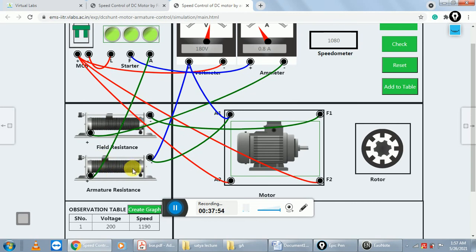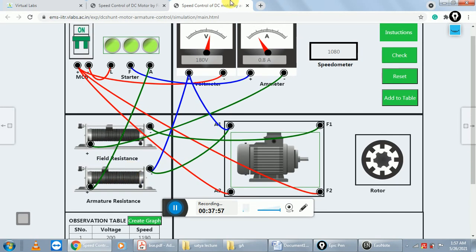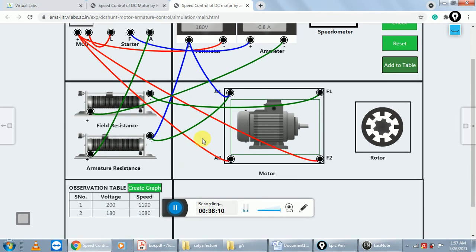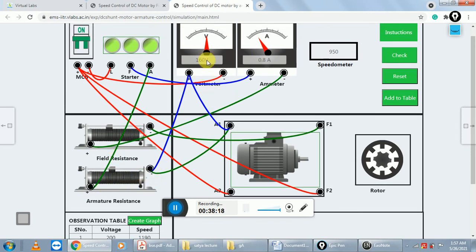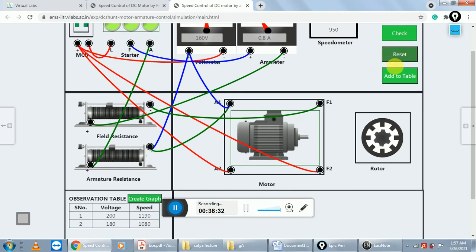Next reading: suppose we increase the value of the armature resistance, so the voltage drop increases, which means N decreases. Click on add to table, so speed decreases. Again, increase the armature resistance, the voltage drop across the rheostat increases, so the voltage across the armature is less, so speed is also less.